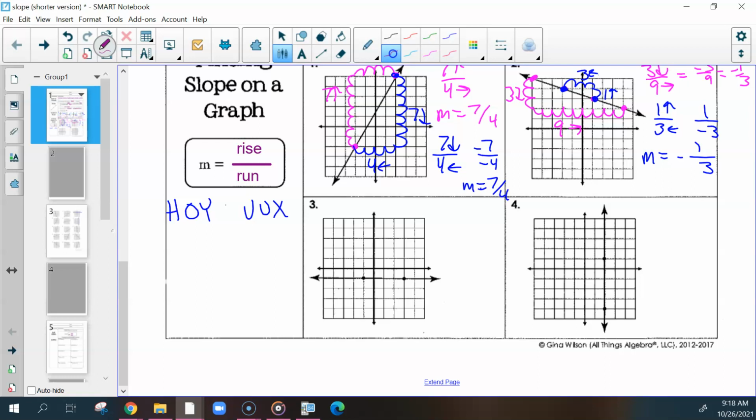So for Hoy, this is horizontal. I'm going to write this vertically though. If you want to change it so that it's written horizontally, you can do that. So horizontal lines, that means it goes left or right. Horizontal lines have a 0 slope.